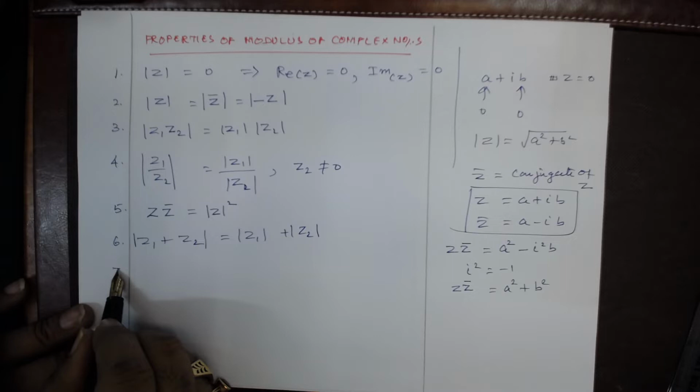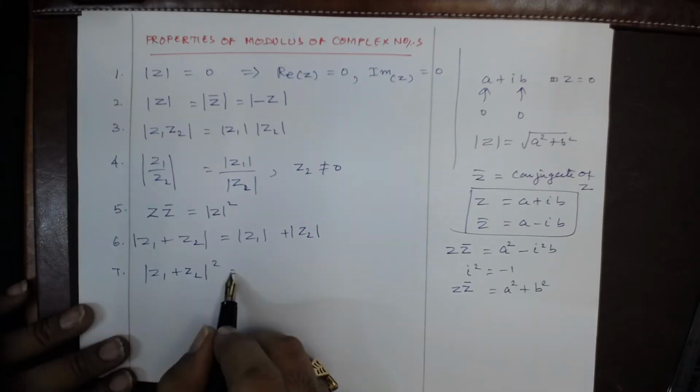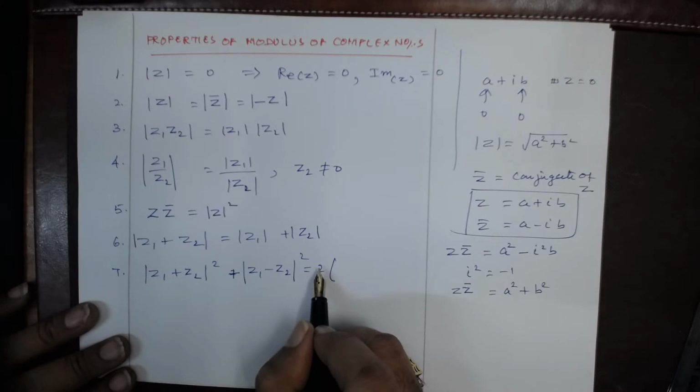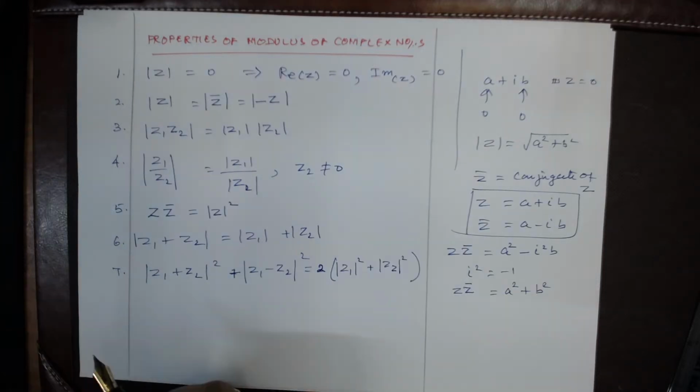Seventh, z1 plus z2 modulus whole squared plus z1 minus z2 modulus whole squared is equal to 2 times z1 modulus squared plus z2 modulus squared.